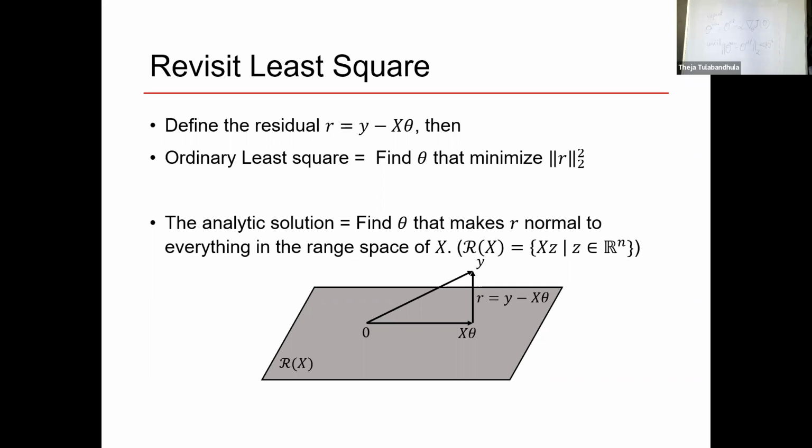That's called the range space of that matrix X. As you keep changing the input, you get many vectors; collect them all together. Now, the analytical solution is saying that you have all these vectors which correspond to the range space. As long as you can find a theta that makes the residual perpendicular to this range space, you're done.